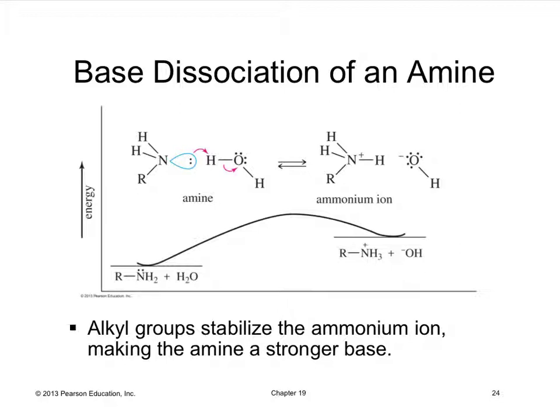If we look at the energy diagram, you have amine with water plucking off that proton from water to generate the ammonium ion and hydroxide. And so it starts at a lower energy going to a higher energy. If you add alkyl groups, they stabilize the ammonium ion, making the amine a stronger base.